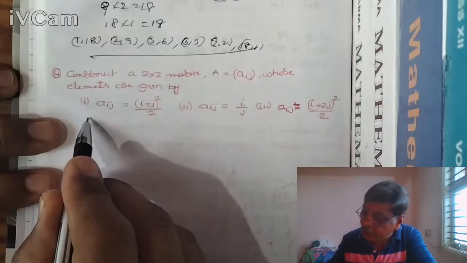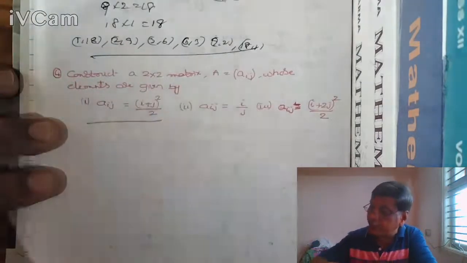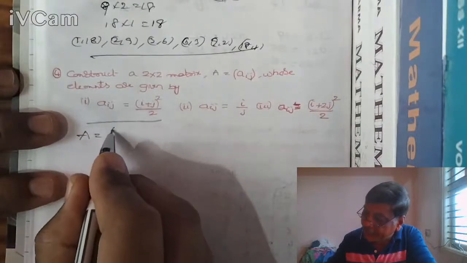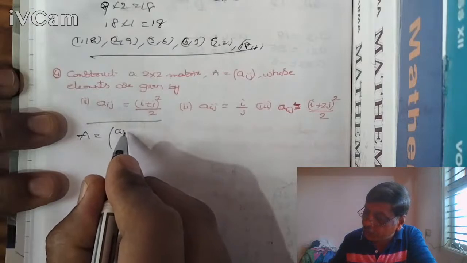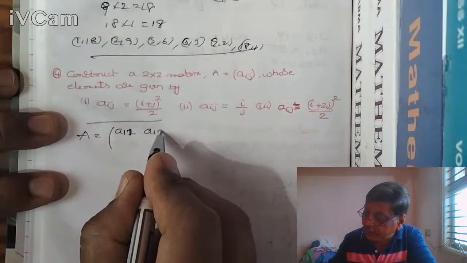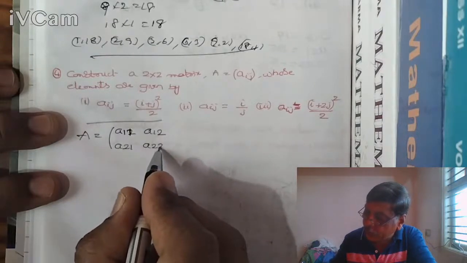First we discuss sub-question 1. Here, 2 cross 2 matrix. First you write the general elements. 2 cross 2 means it has 4 elements: 2 rows, 2 columns. A11, A12, A21, A22.